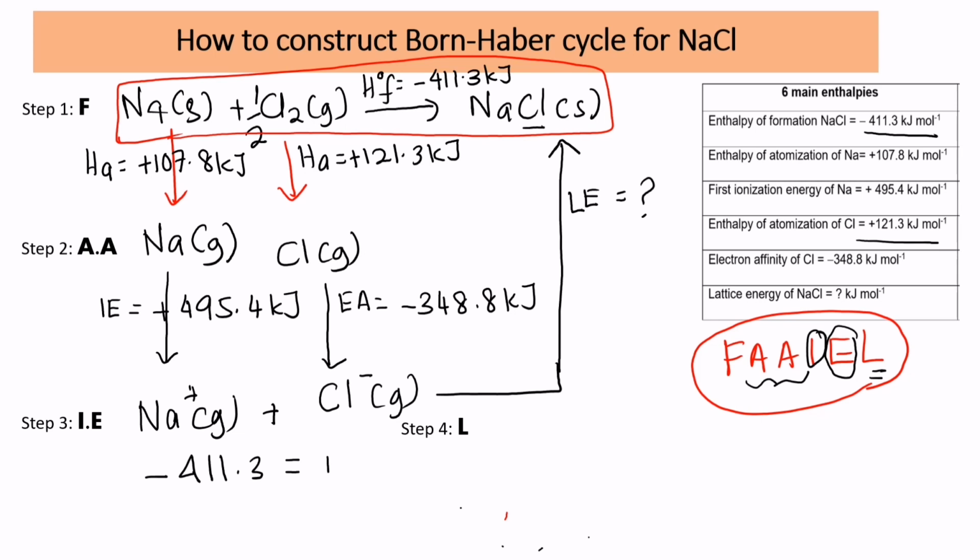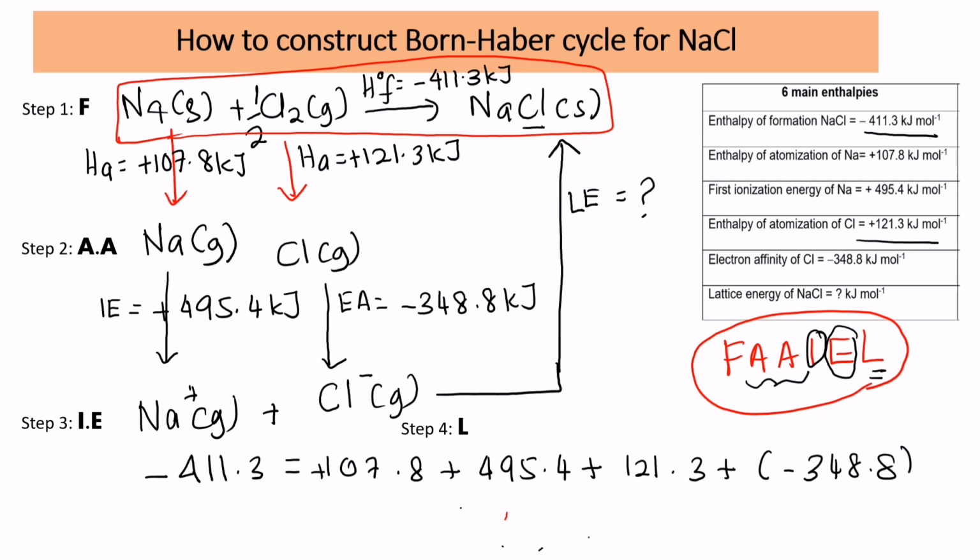So negative 411.3 is equal to 107.8 plus 495.4 plus 121.3 plus negative 348.8 plus lattice energy. So we can calculate the lattice energy. The answer is negative 787 kilojoules per mole.